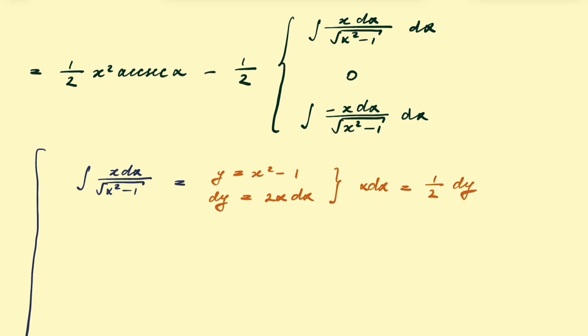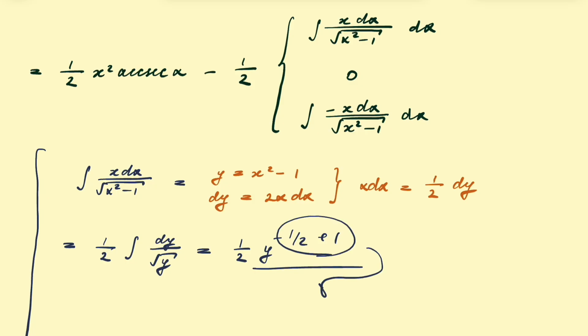And then substituting this into our integral, we would have 1 over 2 times the integral of dy over the square root of y. And this has the value of y to the power of minus 1 over 2 plus 1 over the same thing here.